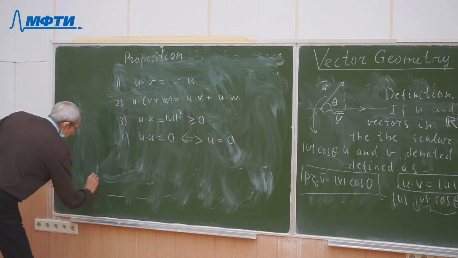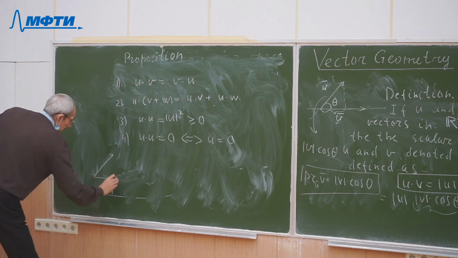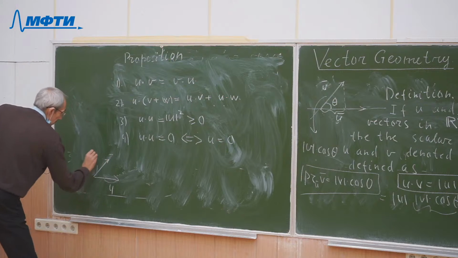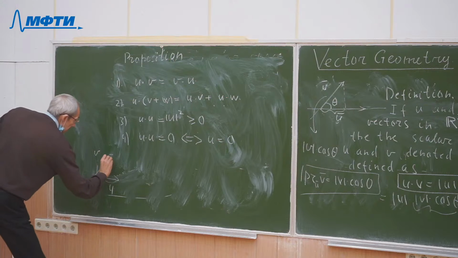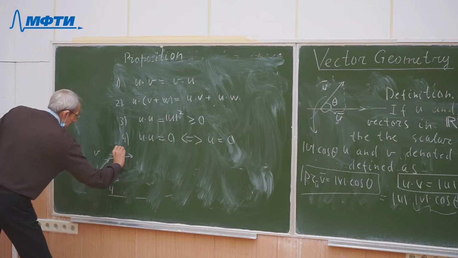Let's consider vector u and two vectors v and w.